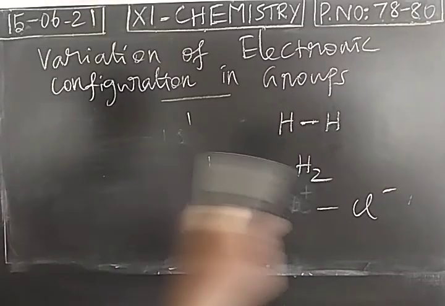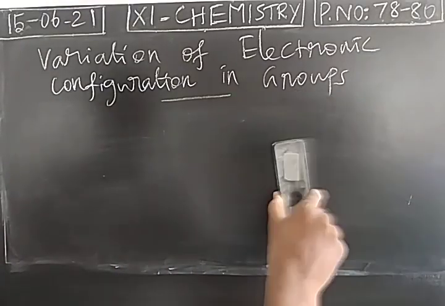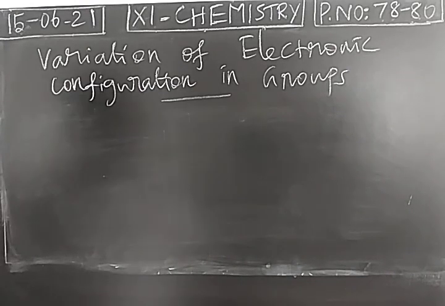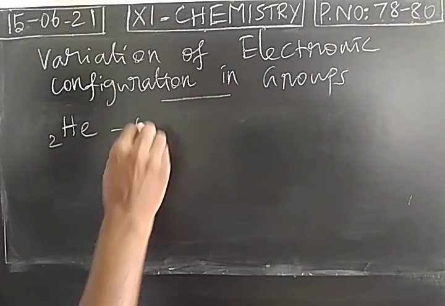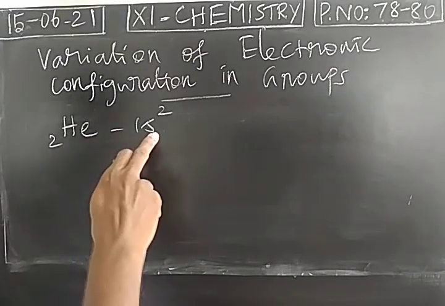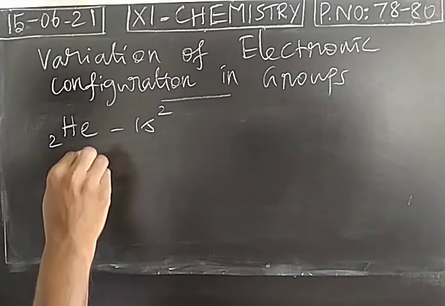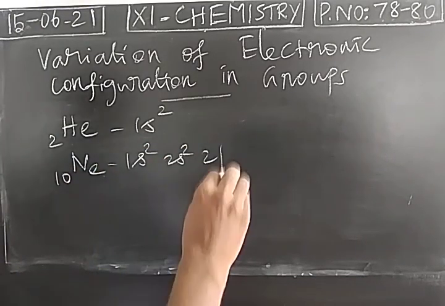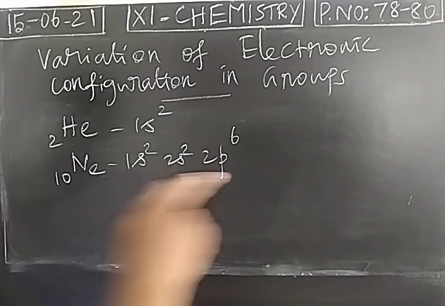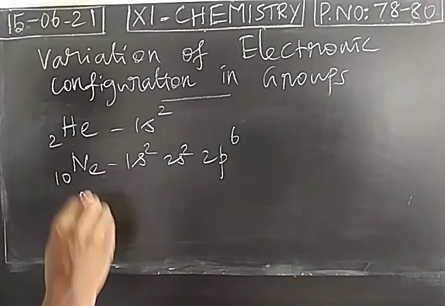When you consider the atoms, they are unstable in nature except the noble gases. Helium, electronic configuration 1s2, completely filled configuration. You take neon, configuration 1s2, 2s2, 2p6, completely filled electronic arrangement.